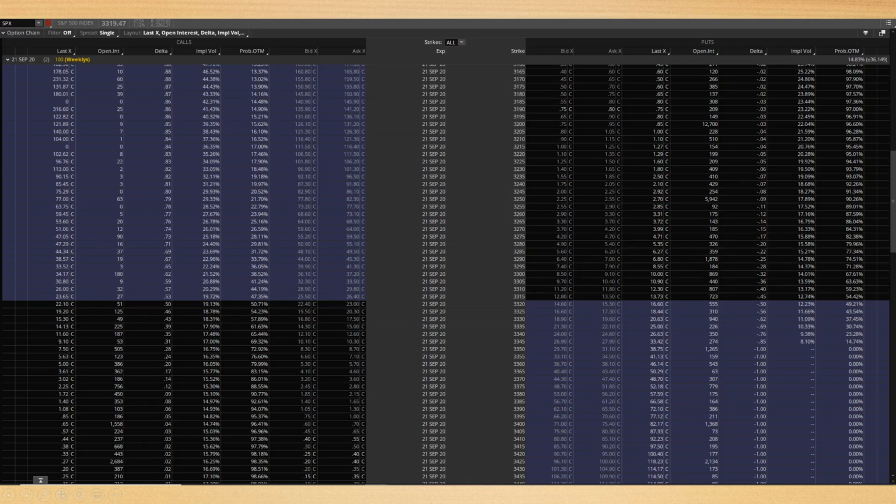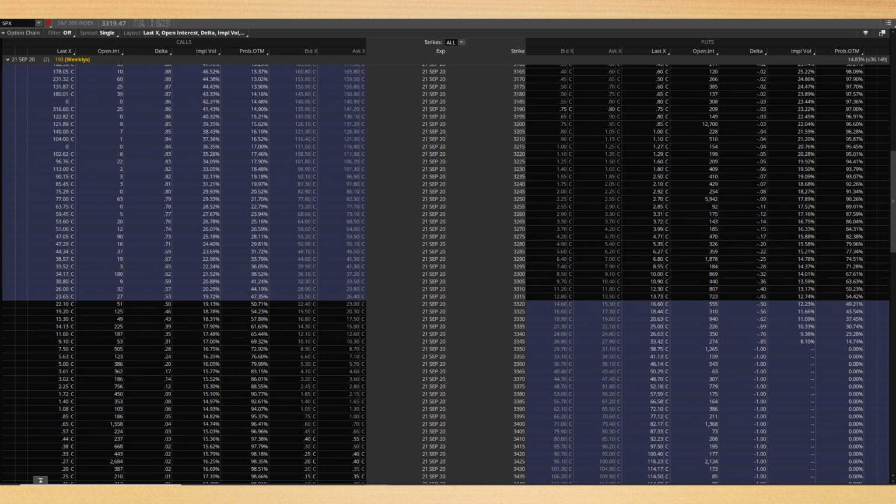So the open interest basically indicates the total number of option contracts that are currently out there. These are contracts that have been traded but not yet liquidated by an offsetting trade.